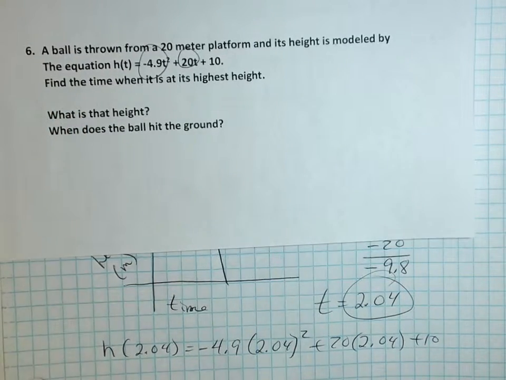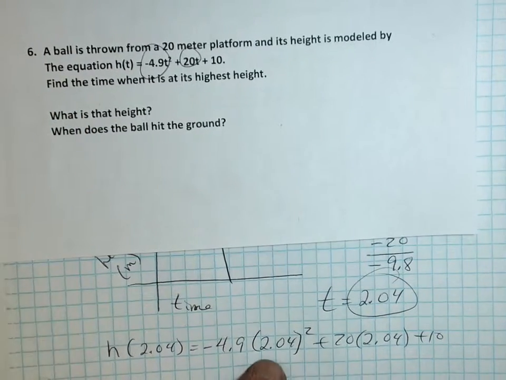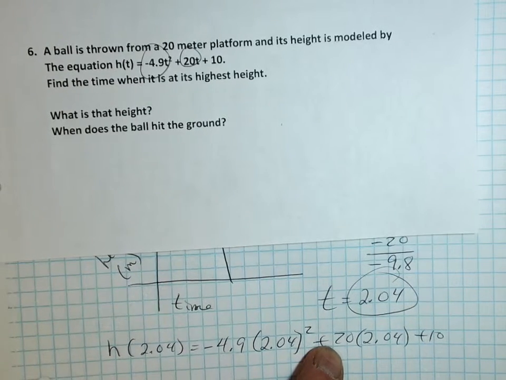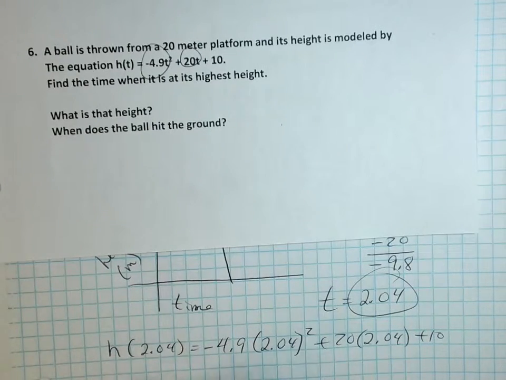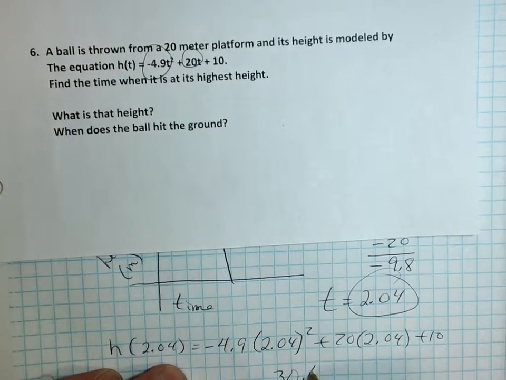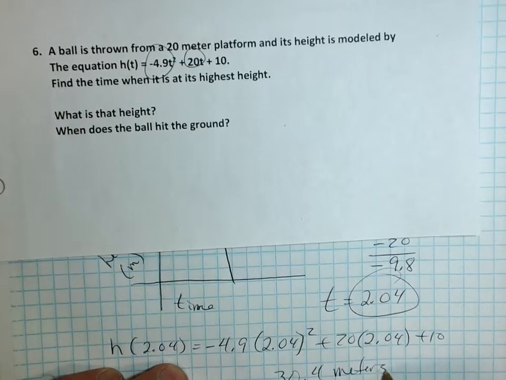Negative 4.9 times 2.04 squared, plus 20 times 2.04, plus 10. I get about 30.4 meters.